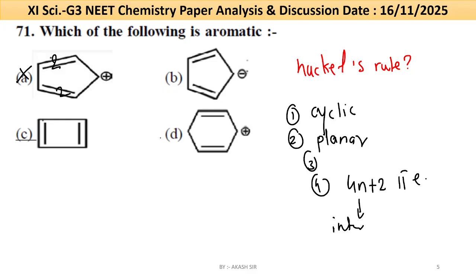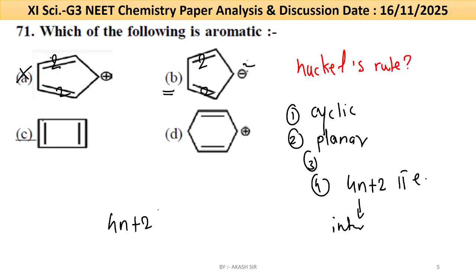Option B is the cyclopentadienyl anion. The first one is the cation, this one is the anion. It has how many pi electrons? 2, 4, 6 pi electrons. It fits the 4n plus 2 pi rule, where n is an integer, and it is cyclic and planar. So option B is the aromatic one.